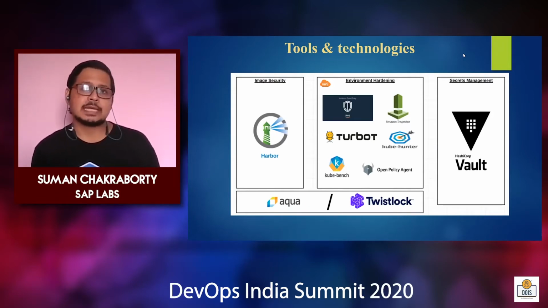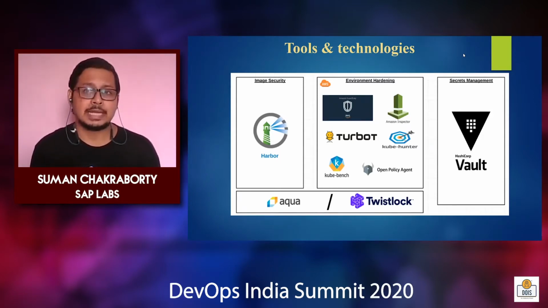On the secret management side, as I told you, we can use HashiCorp Vault, which can be integrated with etcd to store the secret information within the cluster. That helps make etcd more robust and helps prevent any kind of attack on etcd, because that is the critical component which is storing the entire configuration of the cluster.